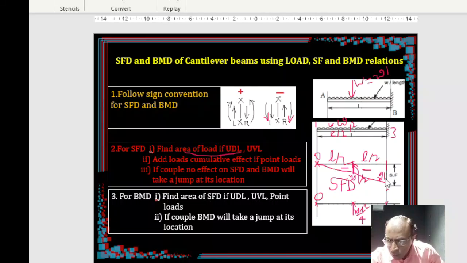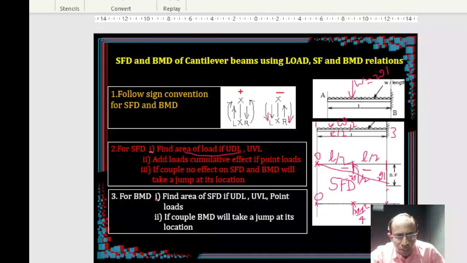what is the ordinate here? Earlier we got WL, simply WL we got. So what is the area now between this point and this point? Okay, so that is half times WL times L, right?